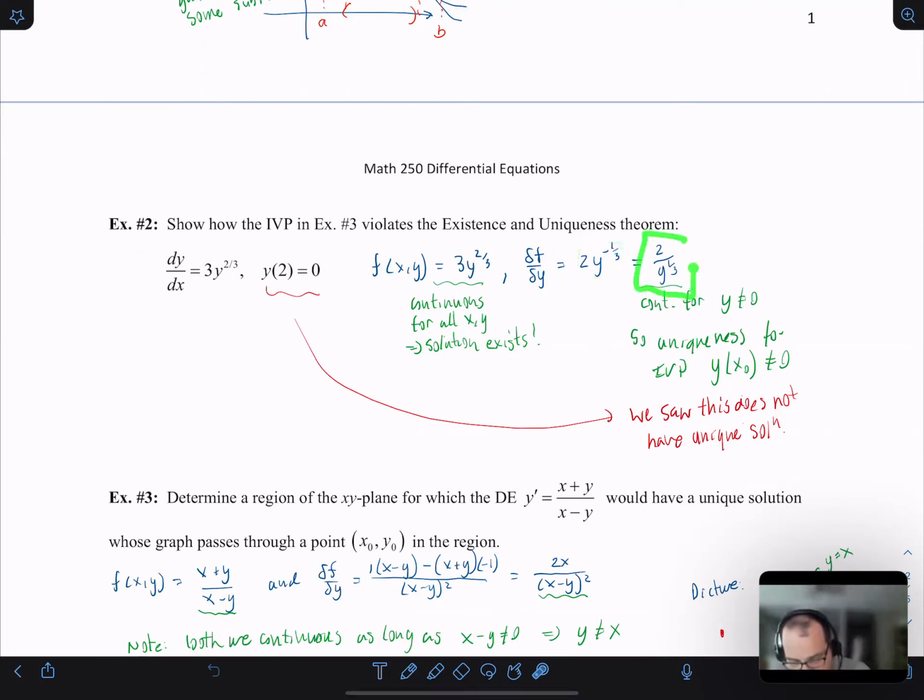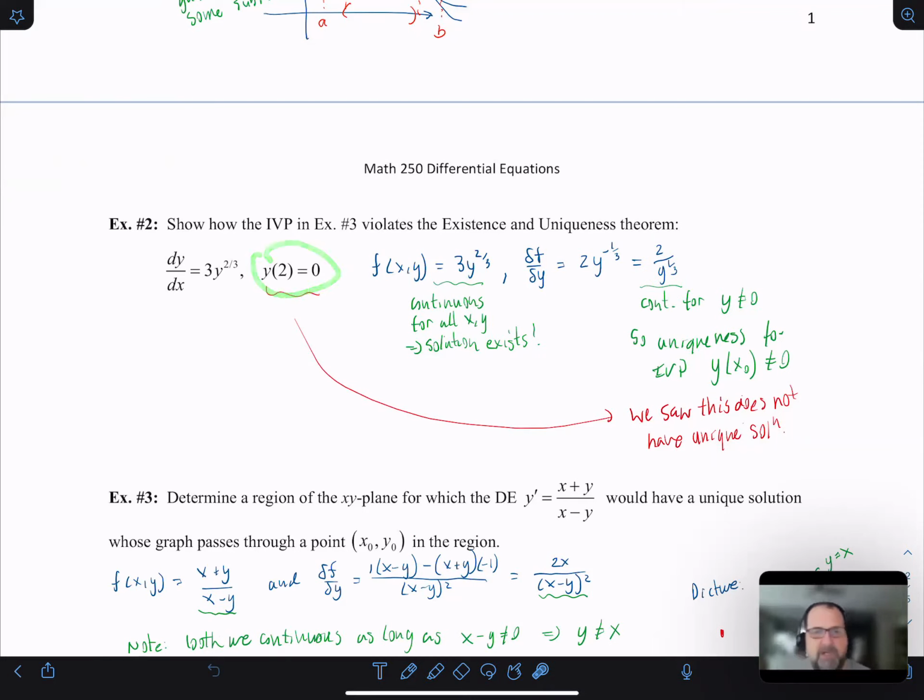More suggestively, I can write it like this: 2 divided by y to the 1/3. Now, for this one, where is this continuous? It is continuous on its domain. This one will have a domain problem when y equals 0, so it is continuous as long as y is not equal to 0.